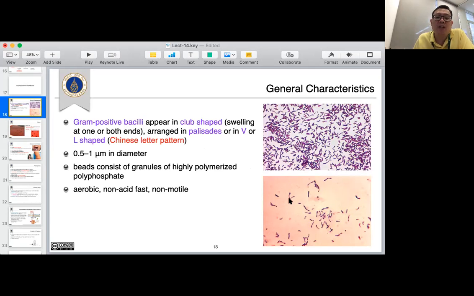Two cells join each other by one pole, generating a V or L shape pattern. If you see cells touching on one side, causing a V or L, in some textbooks we call it Chinese letter pattern.